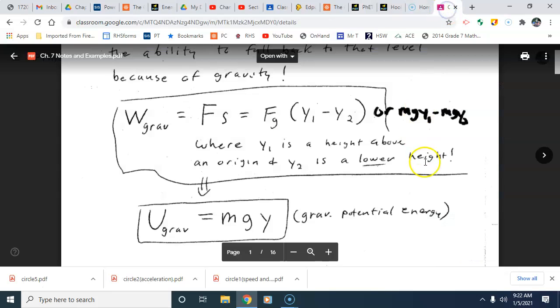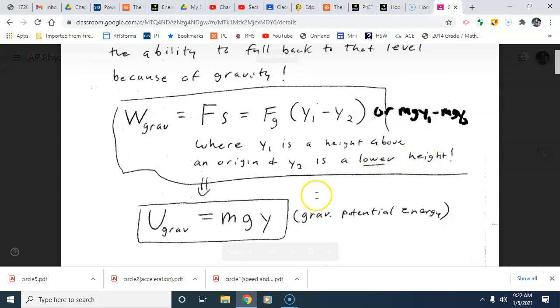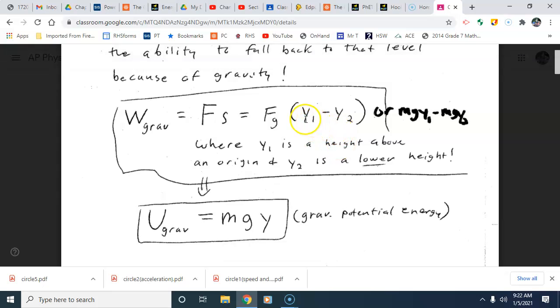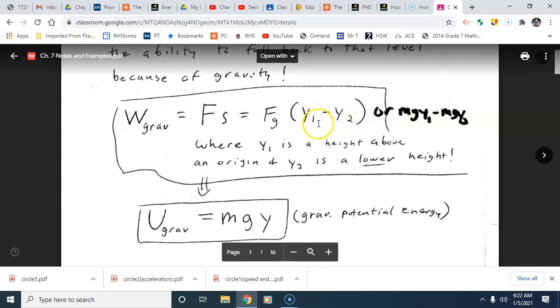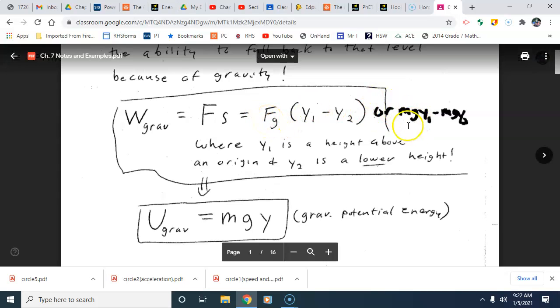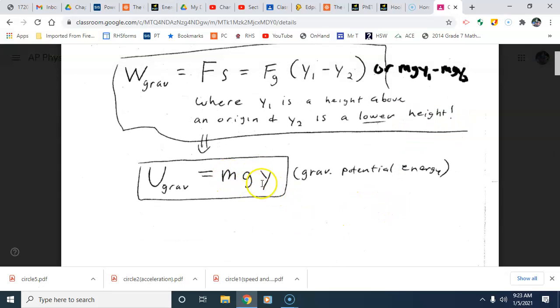So when we apply it to potential energy, though, it's not exactly the same thing, but it's almost. So if we plugged into the work equation a displacement between y2 and y1, we could then make weight mg, right? And if I distribute, it just looks like this, and part of that formula looks a lot like this formula, right?